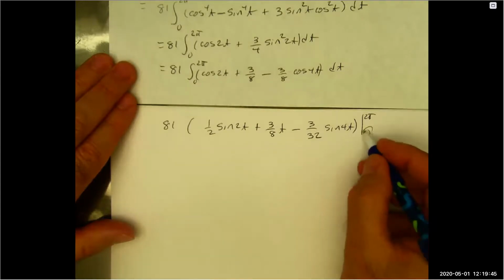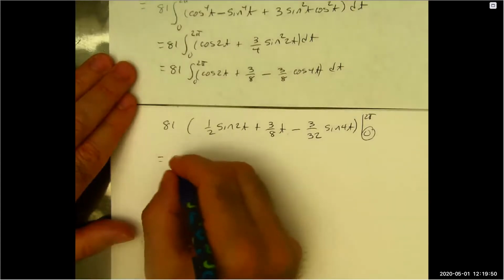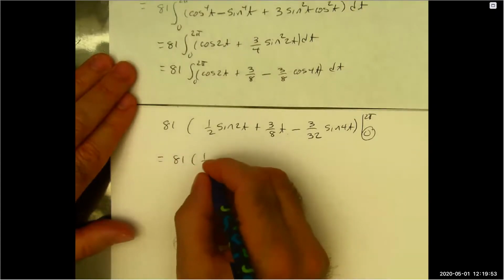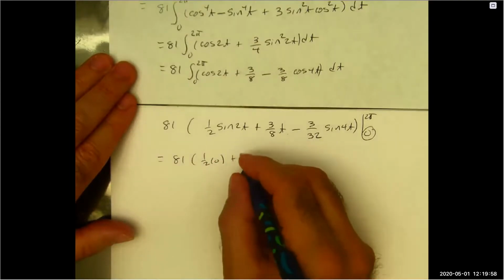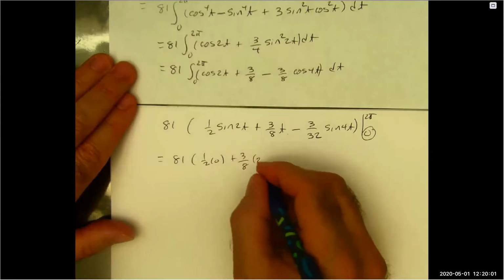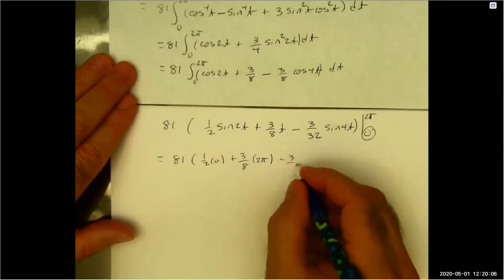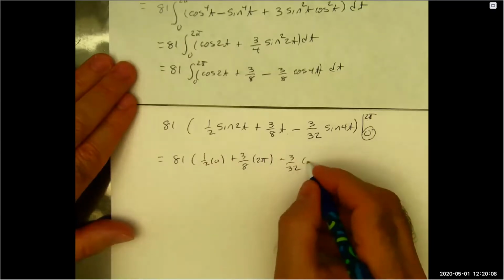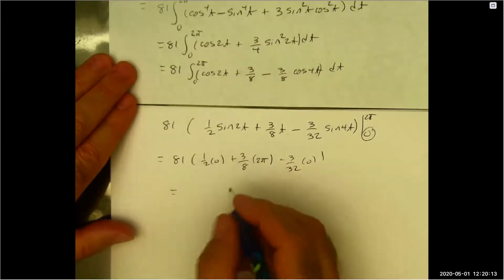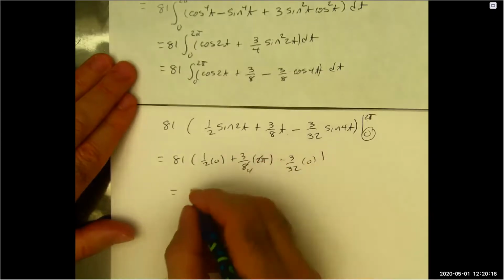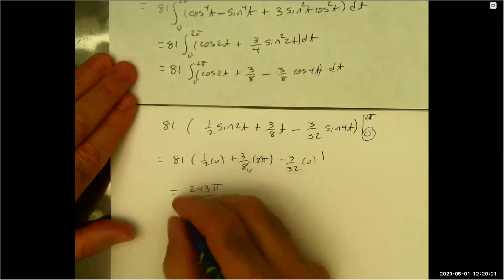So the only thing that's not 0 is when we put the 2 pi into this term. We get 81 times 1/2 sine of 4 pi, which is 0, plus 3/8 times 2 pi, minus 3/32 sine of 8 pi, which is 0. So altogether, we're going to have 243 pi over 4.